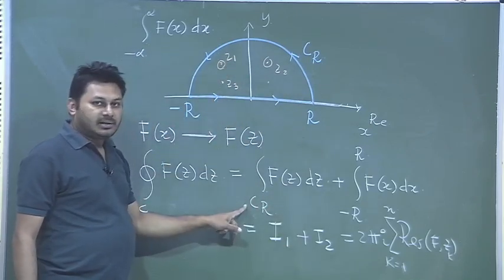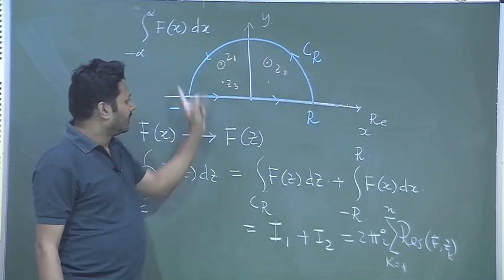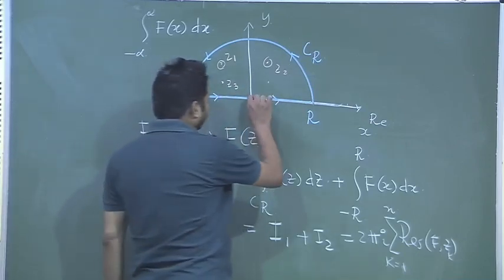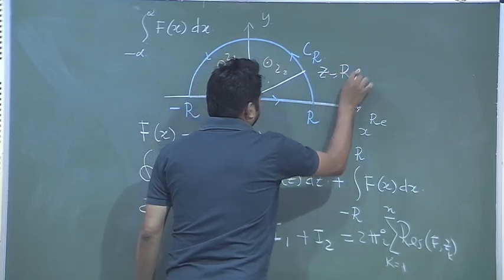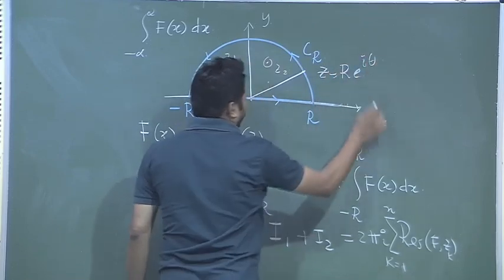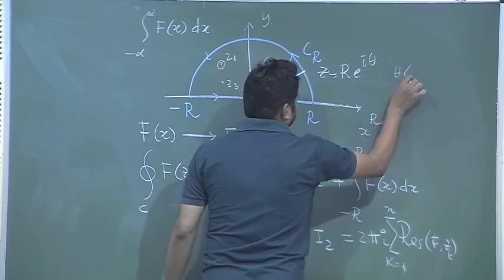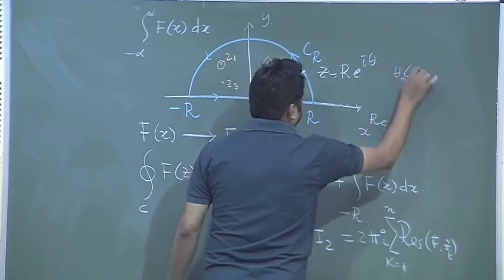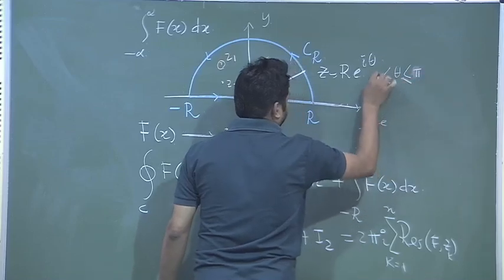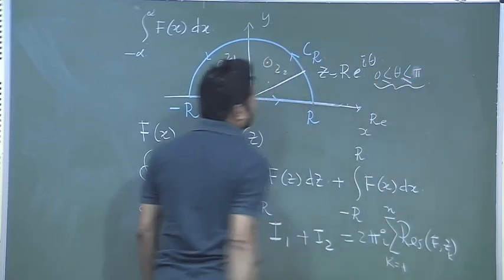One is CR, where my z is r e to the power of i theta, and theta ranges from pi to 0. This is the range.